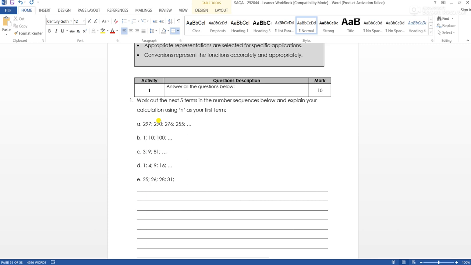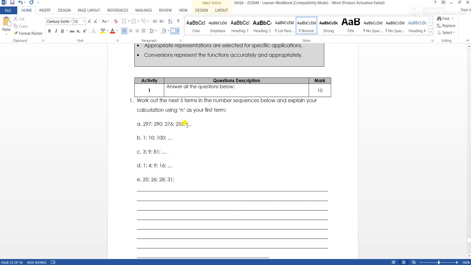276 minus 290, it's 14, and 255 minus 276, and you have 20, 14 and 21. In that instance, you need to determine what is the difference that they added in order for them to get the pattern that you came up with.